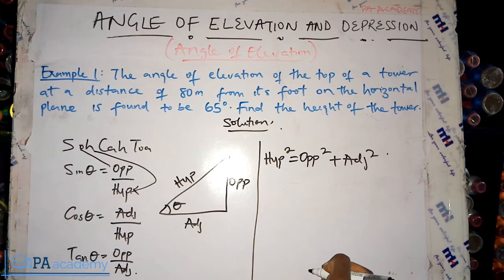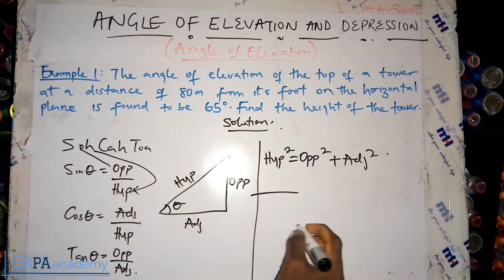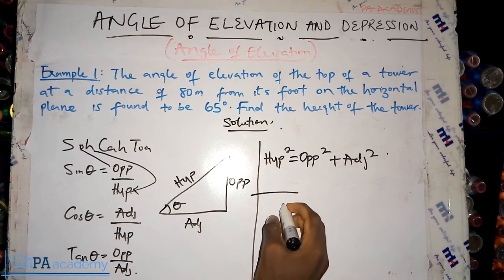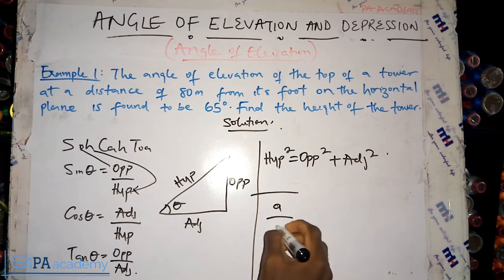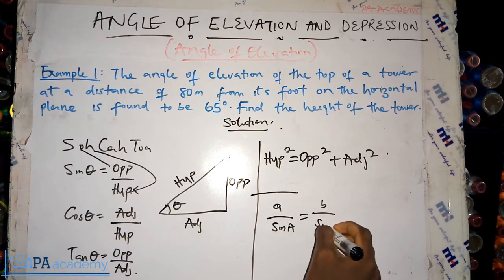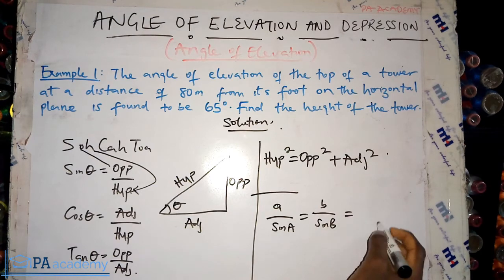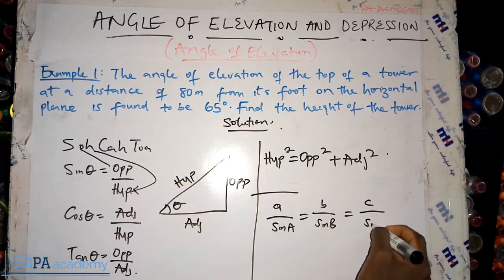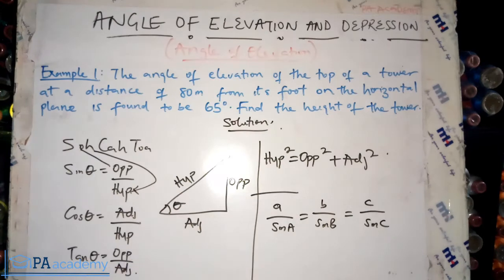Another formula that, depending on the question, you might need to use is A over sine A is equal to B over sine B is equal to C over sine C. We call this the sine rule. So these three formulas are some of the common ones you use to solve questions under angle of elevation and depression, and you are going to see some of them in the examples that we are going to be doing.